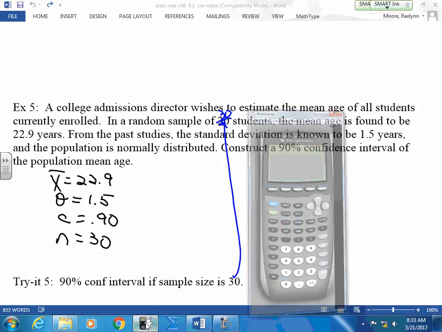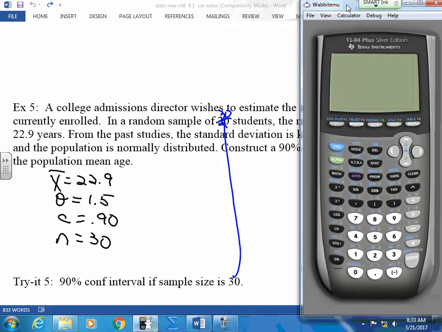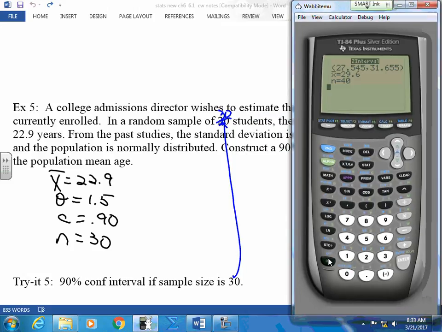Okay, so let's go put it in the calc. Riley is the calc. And you went to stat, you went to test. Number 7, there it is. And you put in your information. So standard deviation, 0.5, mean, 22.9, and 30.